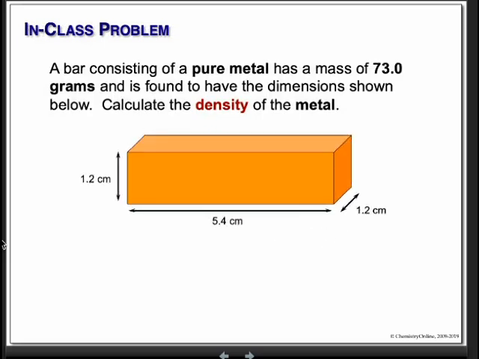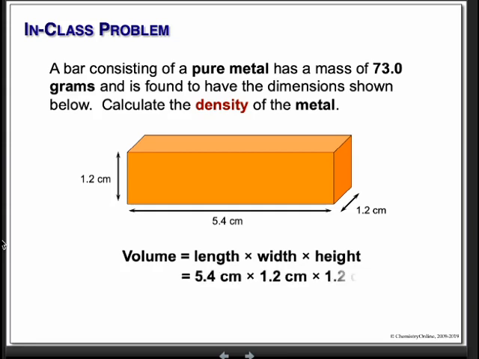In lab, we measured a chunk of metal like this. I kind of made up these numbers, but about 5.4 centimeters, 1.2 and 1.2. To calculate the volume, you simply multiply these all together, length, width, and height. That's that. 7.776.